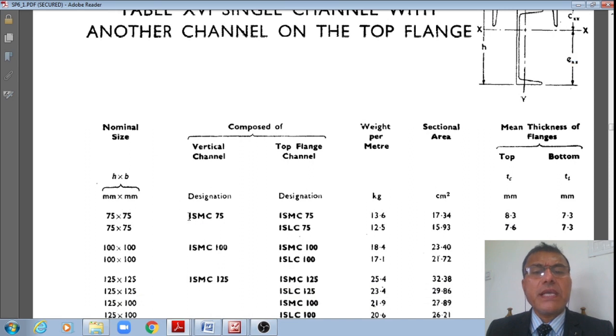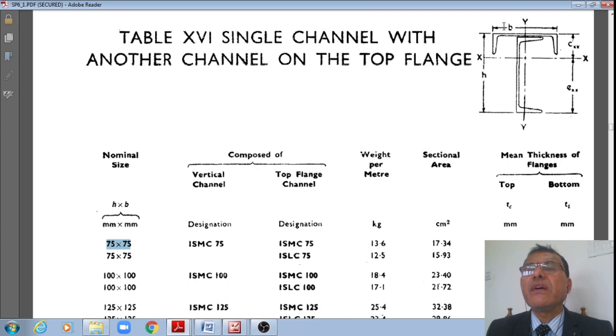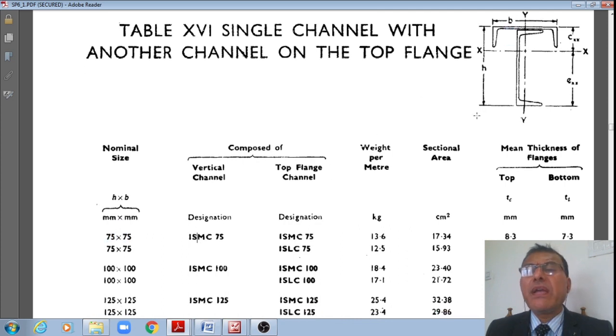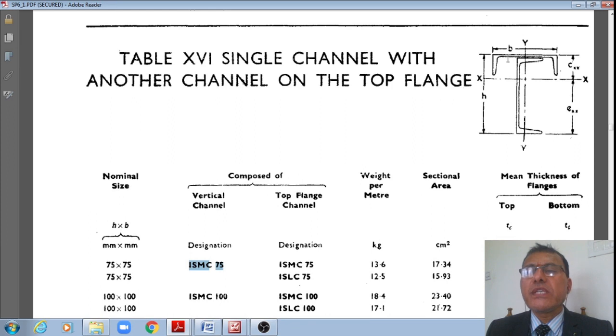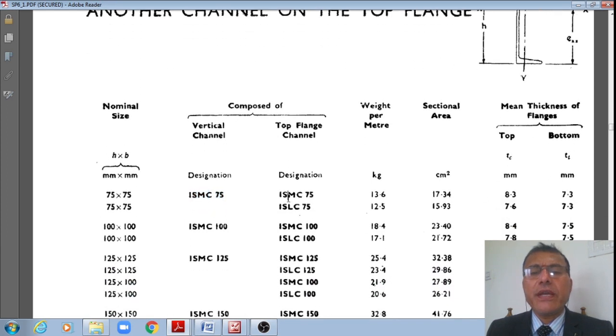Now let us see this ISMC 75 means that the depth is 75 as well as the width is also 75, because now I am having ISMC 75, therefore its depth itself is 75, therefore this dimension is referred to as H by B as 75 by 75, right?